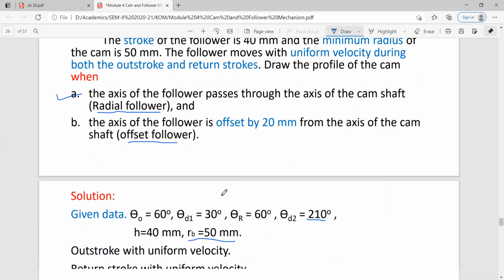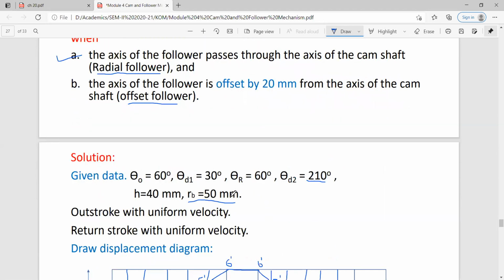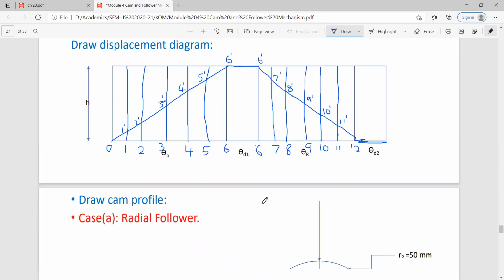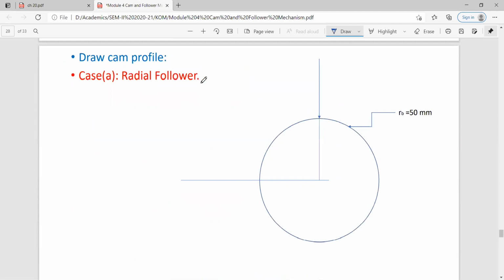I have noted down the minimum radius of the cam is 50 mm, and this is also known as the base circle radius. First, in case of radial follower, the line or axis of the follower passes through the center of the cam.